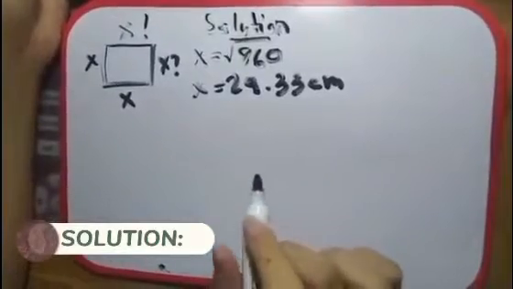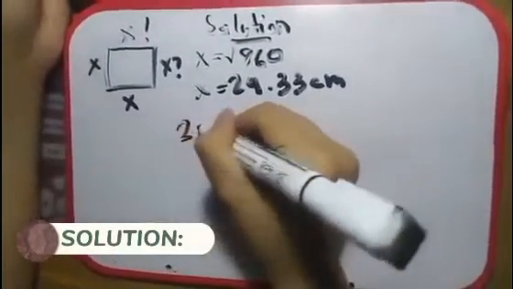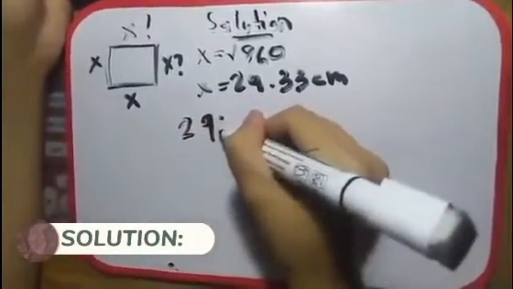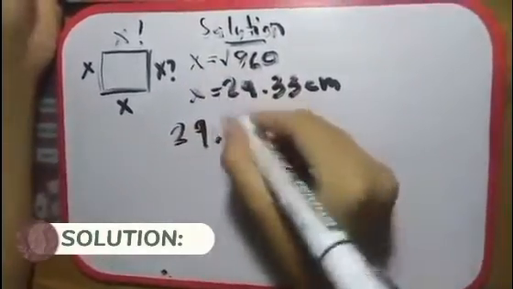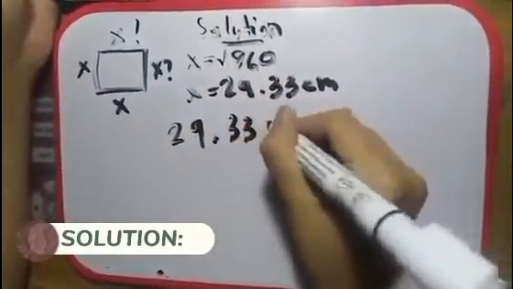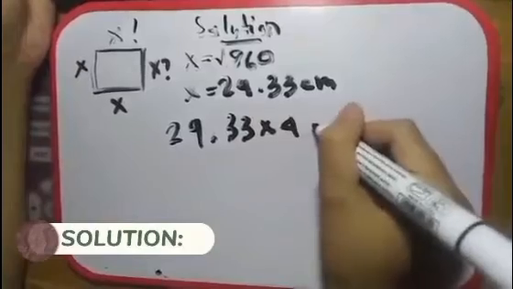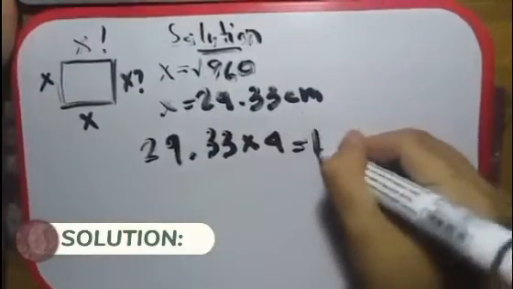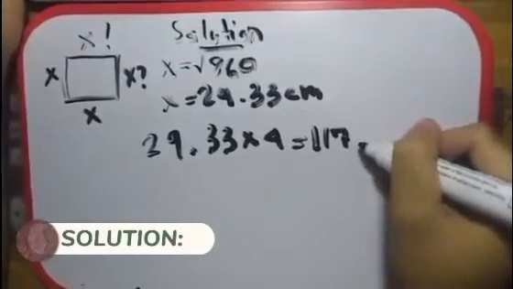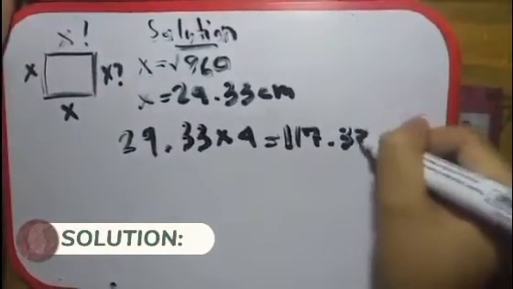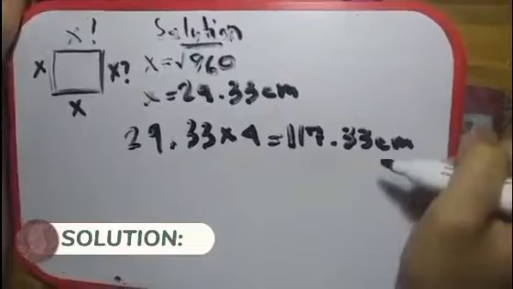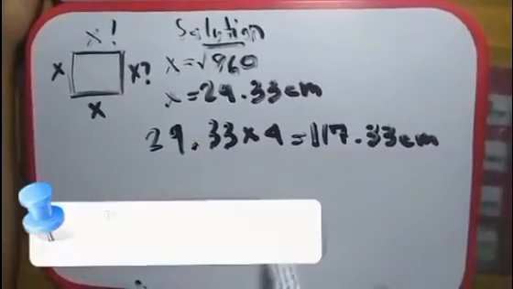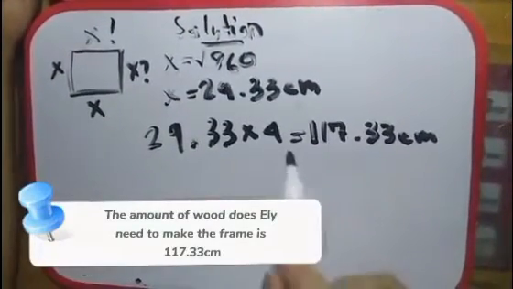Since it has 4 sides, we have to multiply 29.33 times 4. It is equal to 117.33 cm. So 117.33 cm of wood is what Ellie needs.